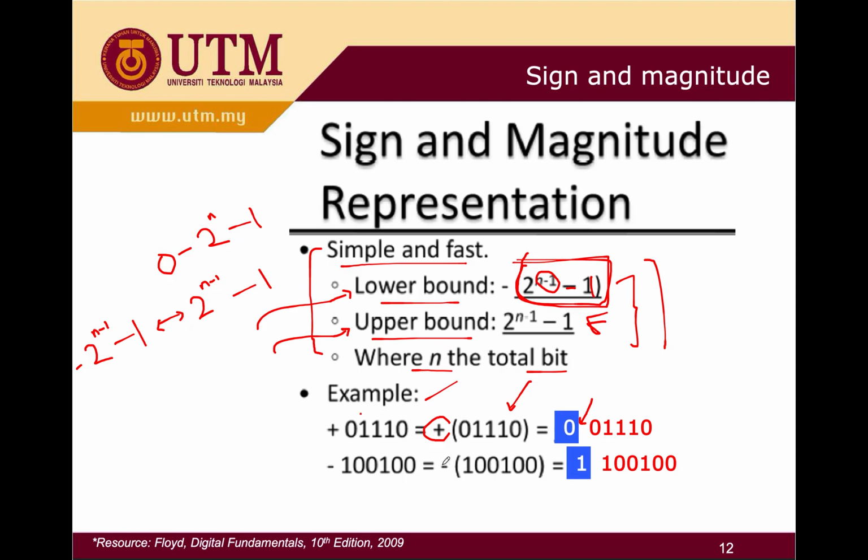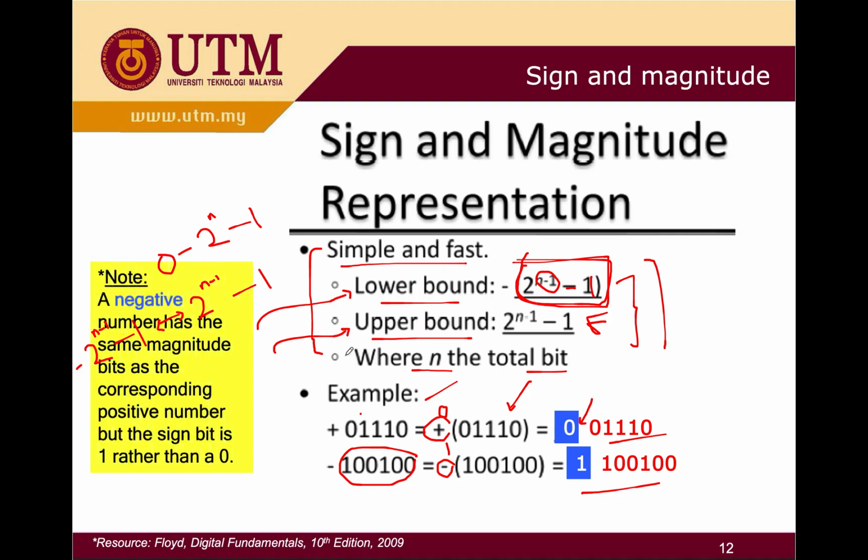Another example is you were given this number and you need to assign it as negative, so you need to add 1. This one is at 0, so this is the result.